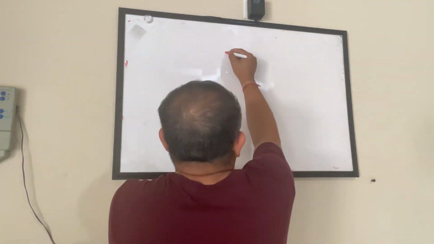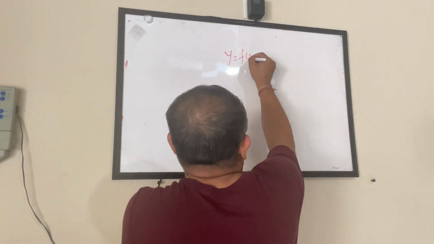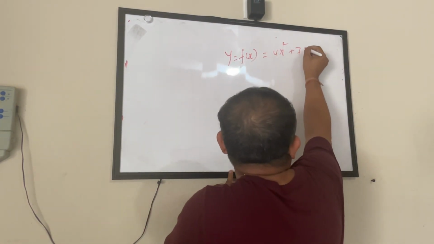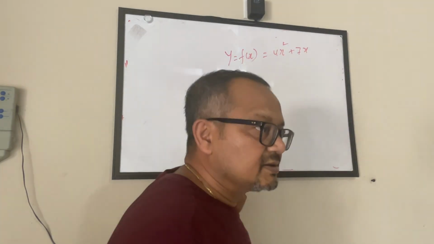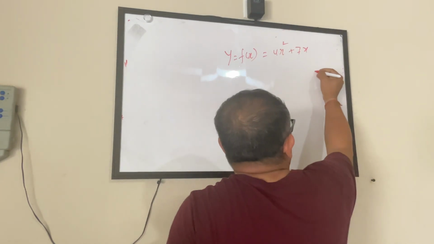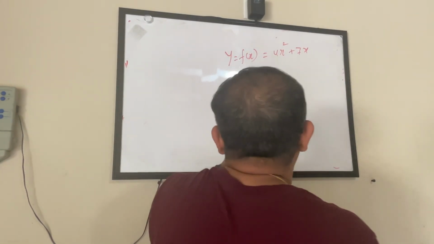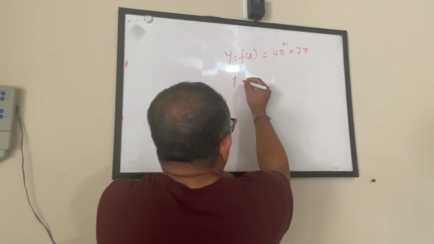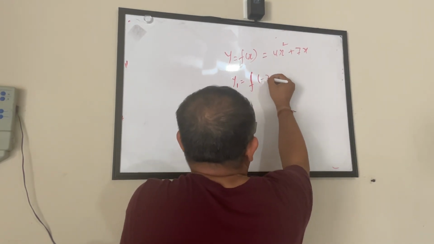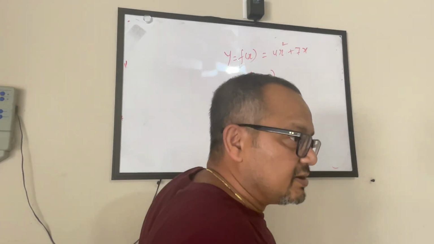So let's say my function is y equals f(x) as 4x squared plus 7x. If I go for another function which is f(minus x), what will happen?